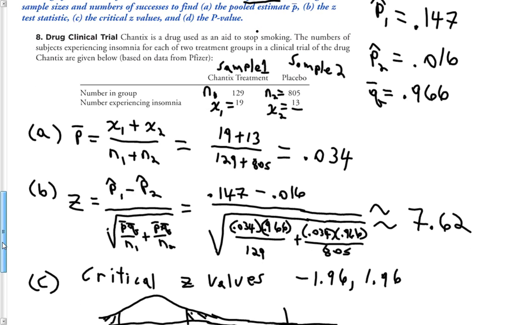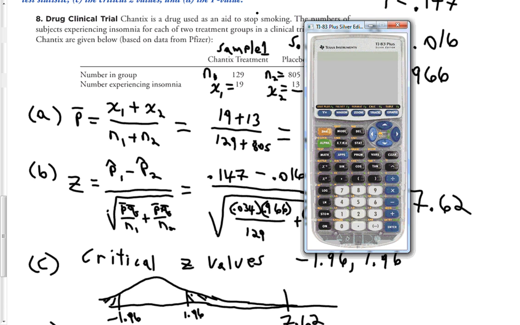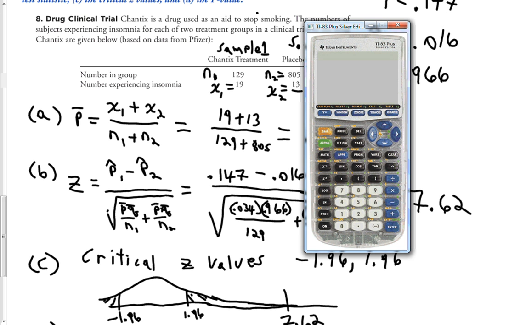We take out our TI. Instead of the inverse norm, now we want a normal CDF, because now we have a z-score and we want to find an area.